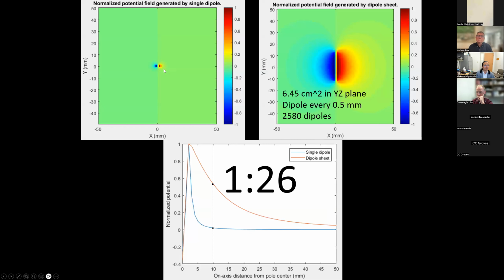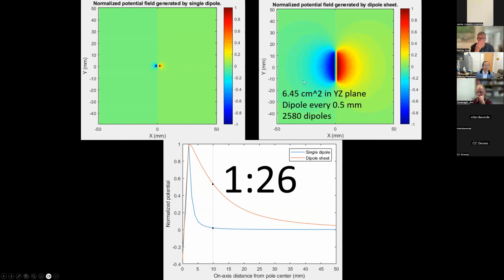So in the end, when you compare the single dipole and dipole layer, the layer is so robust against distance-dependent attenuation when, for example, the measurement point is about 10 millimeters separate from the source.